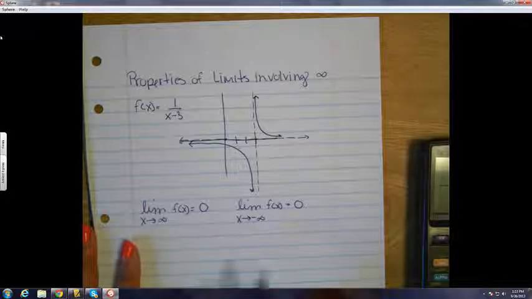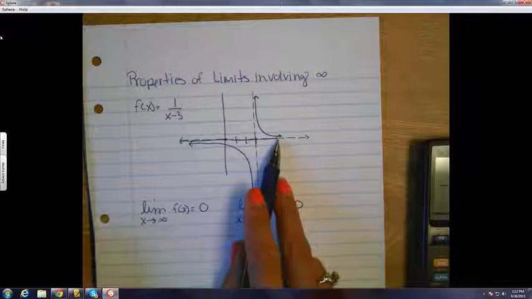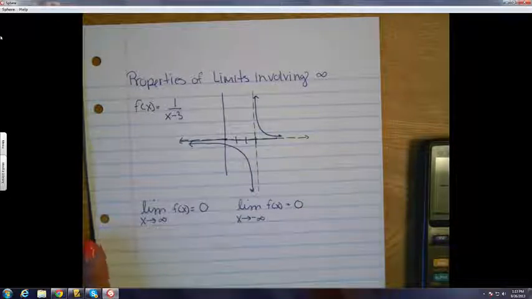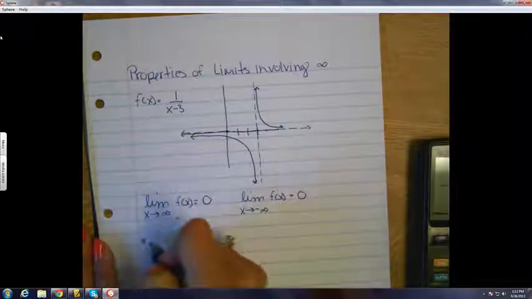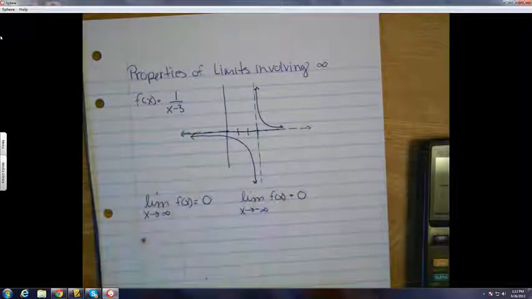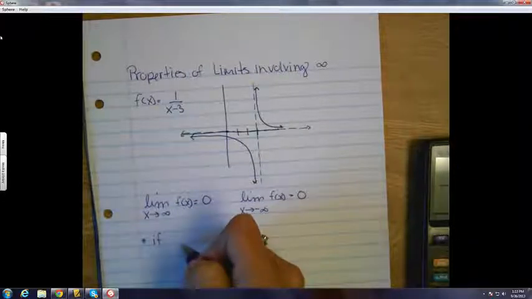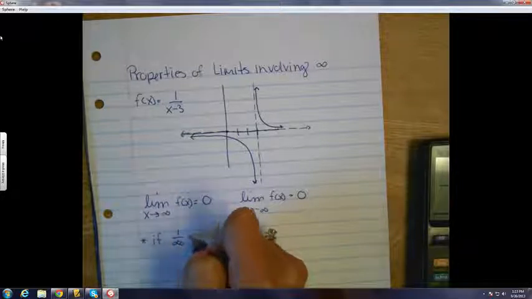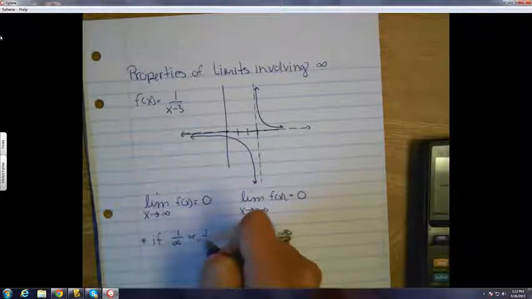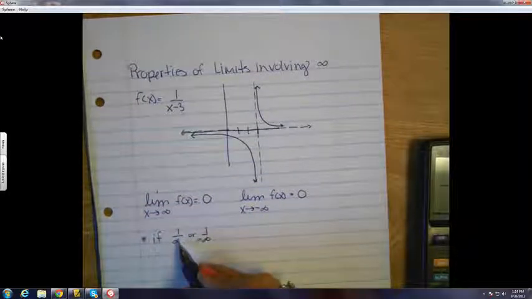So, how could we have gotten these answers without looking at the graph, in case you have to do that next year? Well, in general, what we're going to say is if the function takes on the form 1 over infinity or 1 over negative infinity, it's like taking the number 1 and dividing something enormous into it.